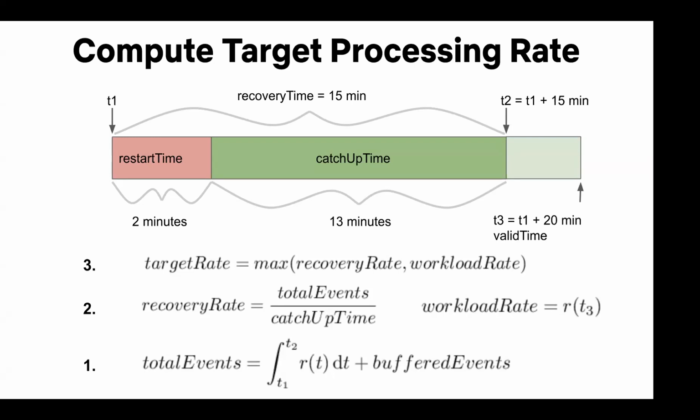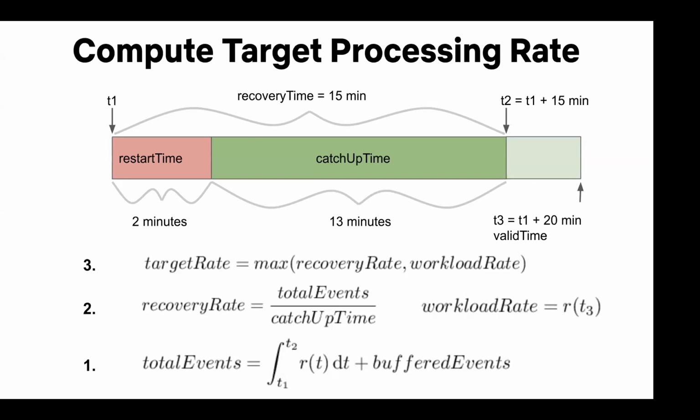So that is just the number of buffered events in the Kafka topic at the beginning of a rescale action, plus the integral of our regression function over the restart time and catch-up time. Adding those 2 things together will give us the total number of events that a router will have to process over the course of the restart time and catch-up time.